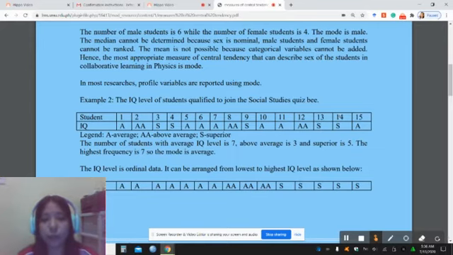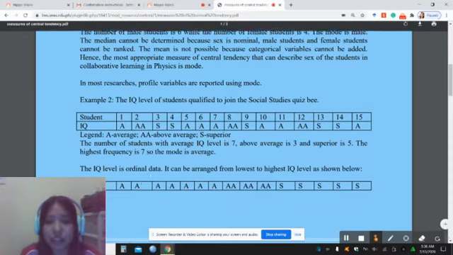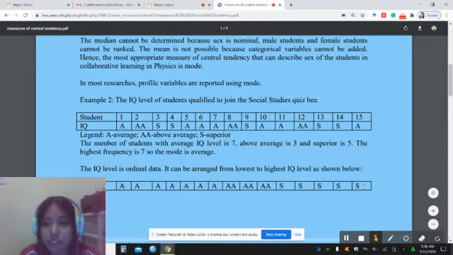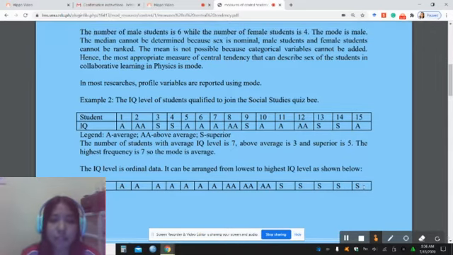While if we're going to report the median in the case of IQ level, it's also a categorical variable, but it is with rank because we can arrange this from average to superior or superior to average. We have here another table that is already arranged from average to superior. The total number of respondents or students is 15, which means the center is 8.